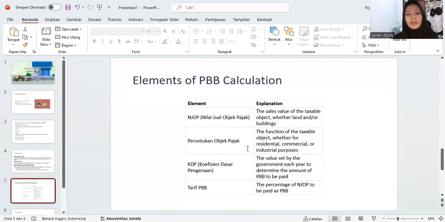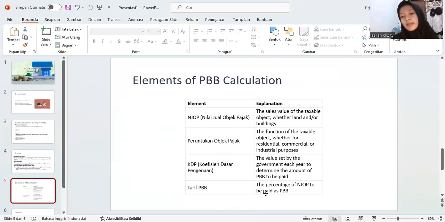Then the peruntukan objek pajak, the function of the taxable object, whether for residential, commercial, or industrial purposes. And then the KDP, koefisien dasar pengenaan, is the value set by the government each year to determine the amount of PBB to be paid.